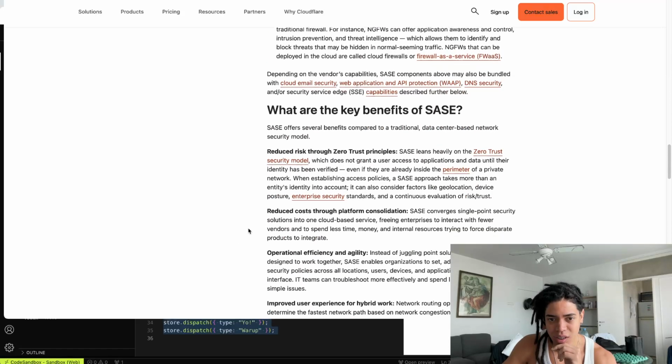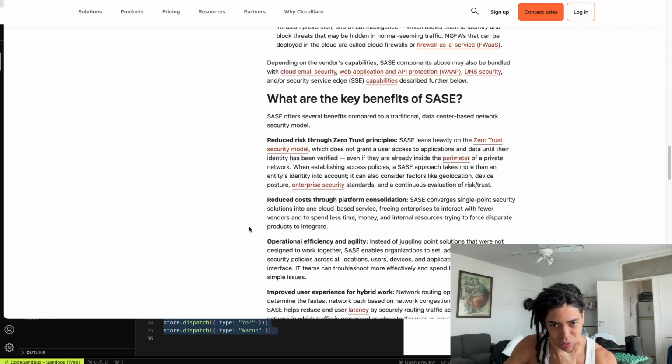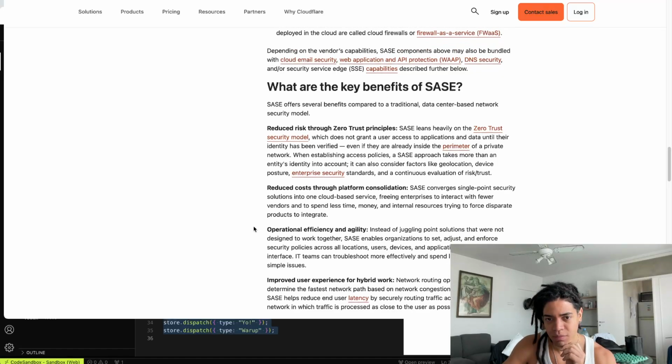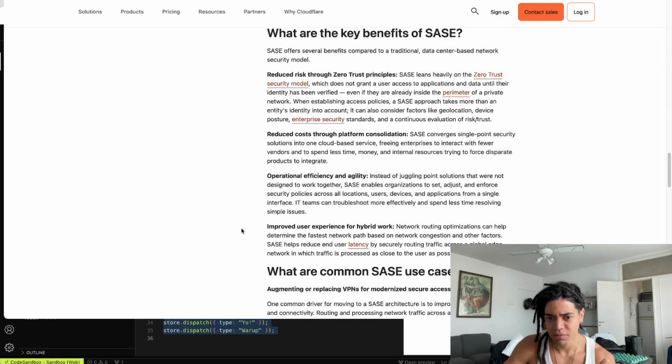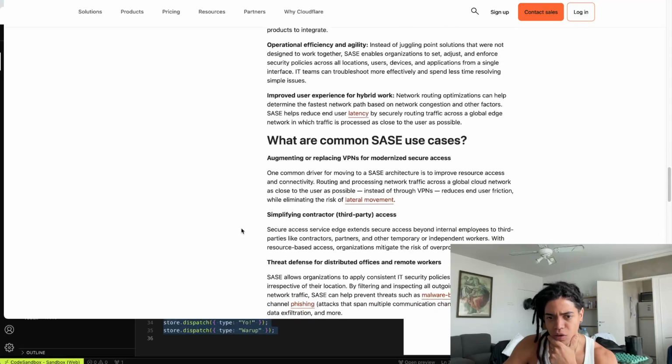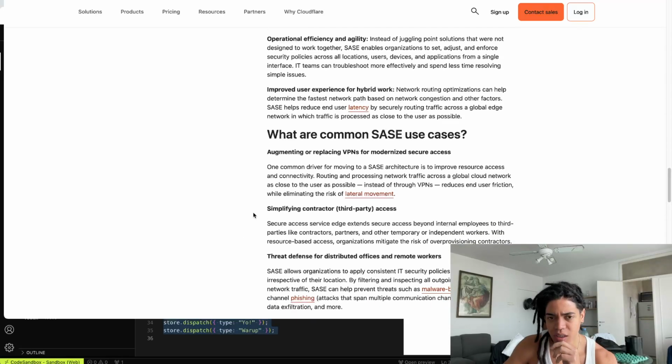Reduce risk through zero trust principles and reduce cost through platform consolidation, operational efficiency and agility, and improve user experience for hybrid work. What are common SASE use cases?